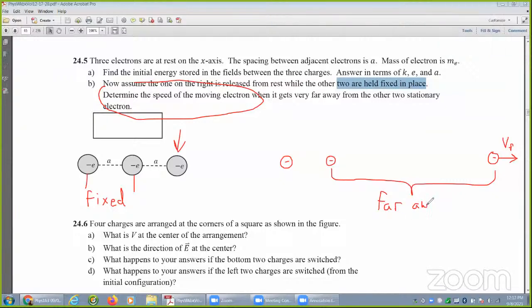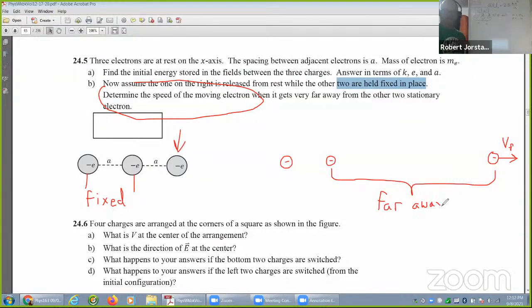Yeah. So we're going to get lazy as physicists and say that distance is r equals infinity. Technically, I should say r is r and then take the limit as r goes to infinity, but I'm not going to do that because I'm lazy. All right, so let's go back and take a look at how this affects the problem.